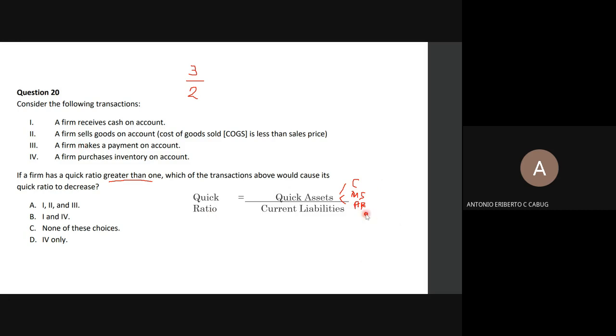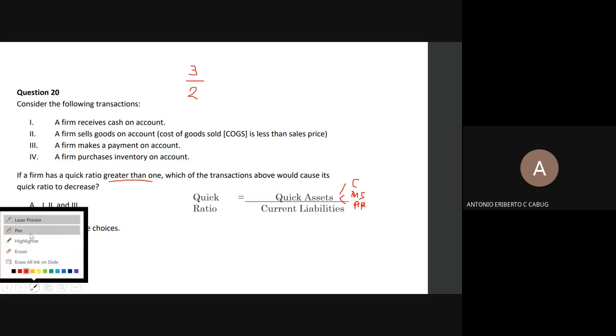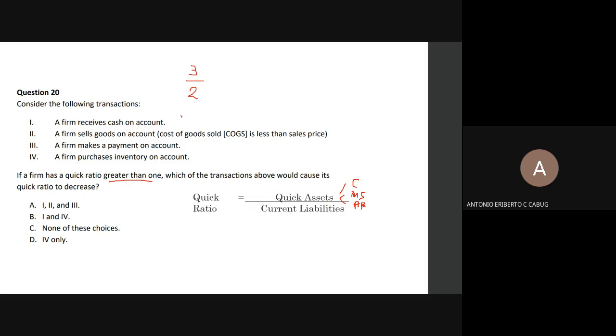Nagkaroon ka ng AR. Yung inventory na hindi kasama sa quick assets, walang effect. Pero nagkaroon ka ng AR. In number two, your quick ratio will increase. Okay? So number one, no effect. Number two, the quick ratio will increase.